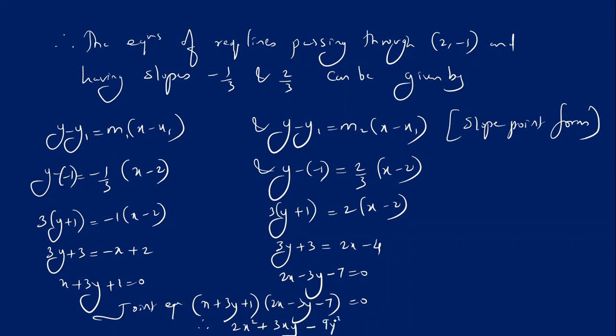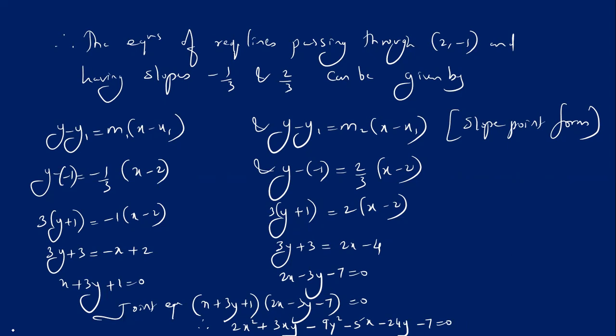Minus 7x and plus 2x is minus 5x. Then the y part, that is 3y into 7 is 21y, and 1 into minus 3y gives minus 3y, so 21y minus 3y... altogether you get minus 24y. And finally you get minus 7 is equal to 0. You can multiply it separately also, I have done it in one step. So this is the equation that you get.